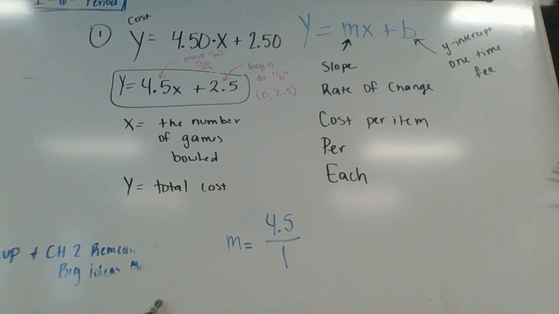My first game is going to cost $7. That's 2.50 plus 4.50. 1, 2, 3. So I'm just going to go. And there's my graph.